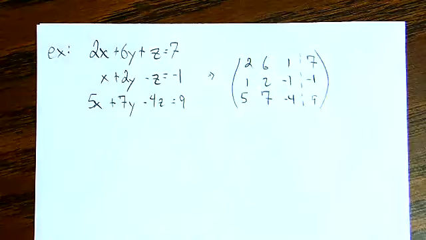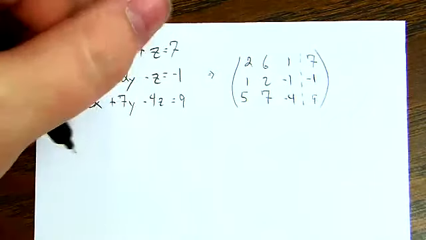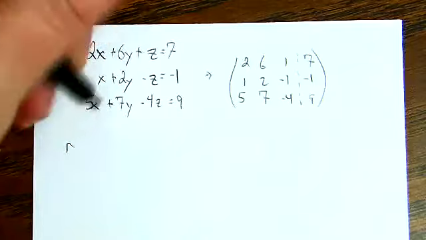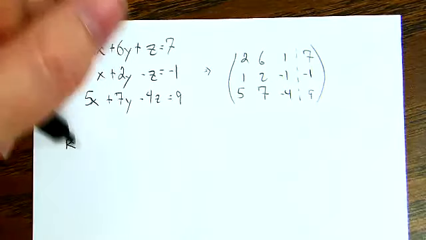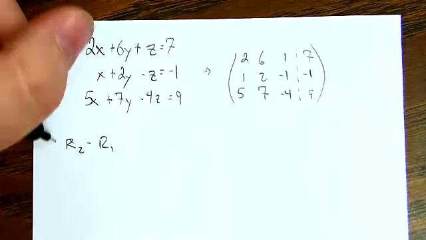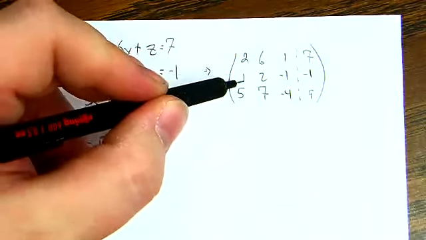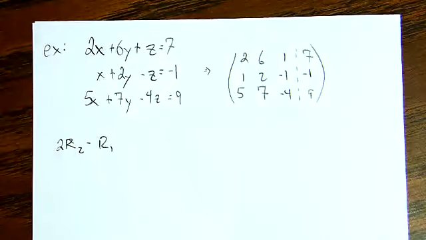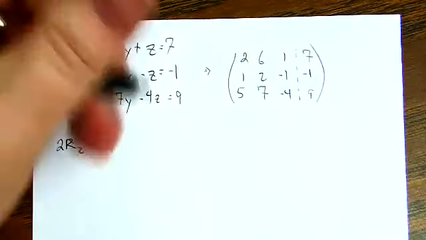And I would like to solve this system of equations. Now we can do, say, row 2 minus row 1. If I want to get rid of the 1 here, I could actually do row 2 minus row 1. That's going to give me a 0 here.